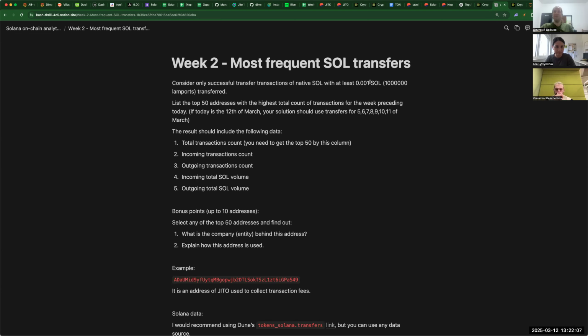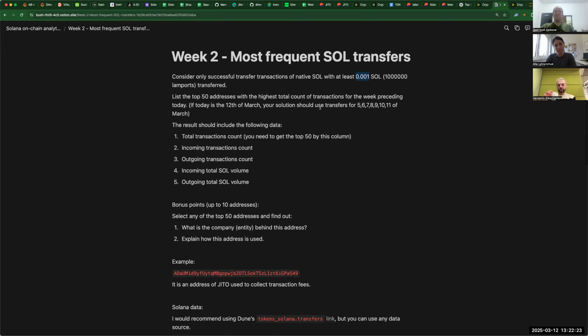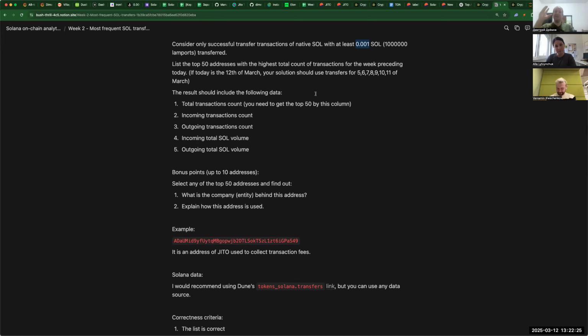We don't want to count the transactions which are too small. So we are starting from 0.001 SOL, which is around 10 cents. So it's not much. We are aggregating the count of these transactions and also the total volume for the last week, and we want to find the top 50.